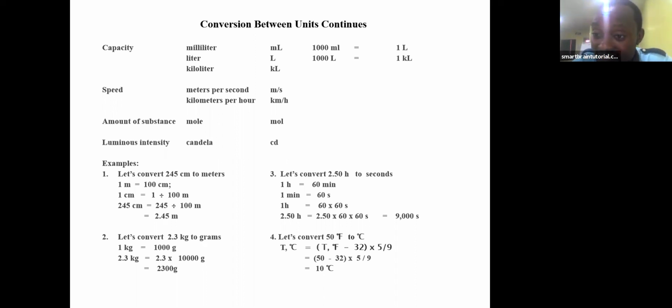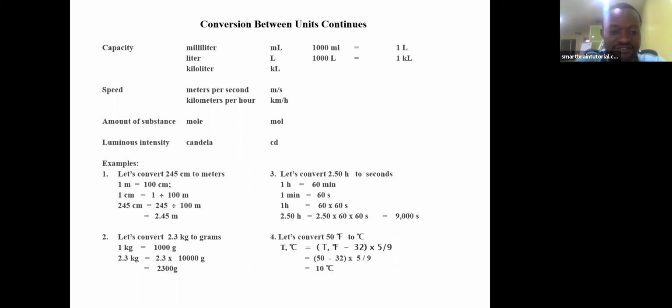Example 1, let's convert 245 centimeters to meters. 1 meter is equal to 100 centimeters. So 1 centimeter is 1 divided by 100 meter.